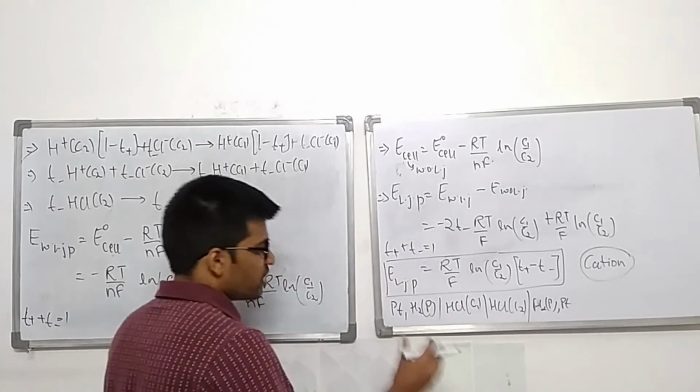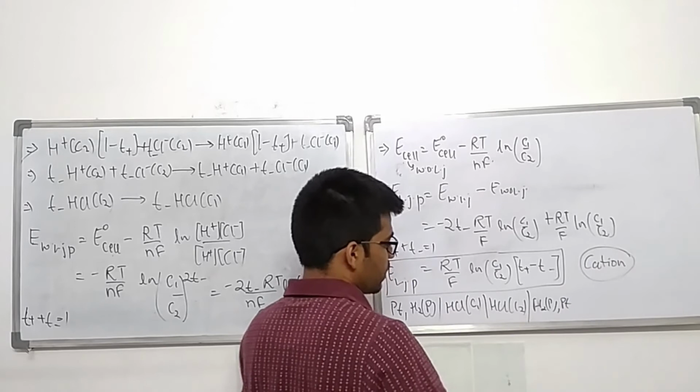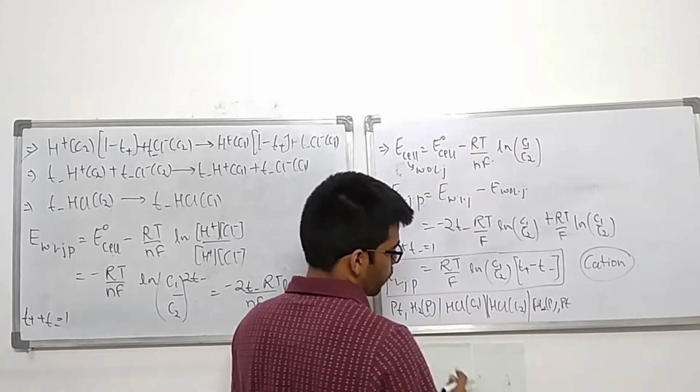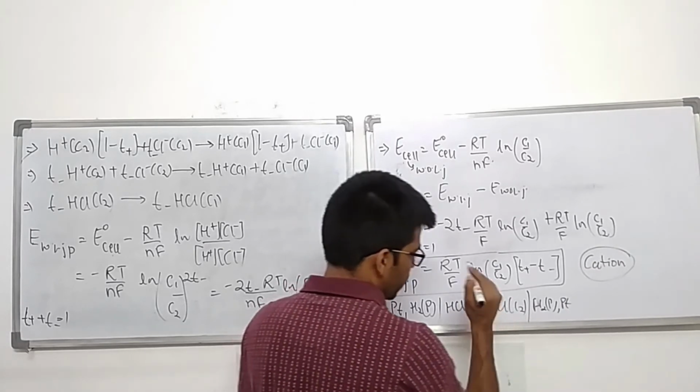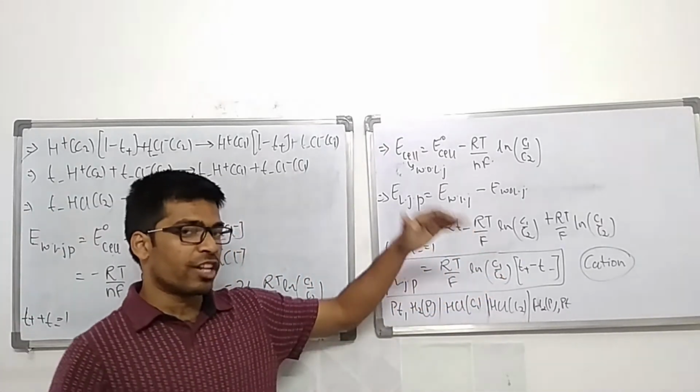Now the only difference between this and a cell notation of two half cells is that you will get a salt bridge in between, otherwise it is only one single line. Okay, now this is the final equation with respect to cation.